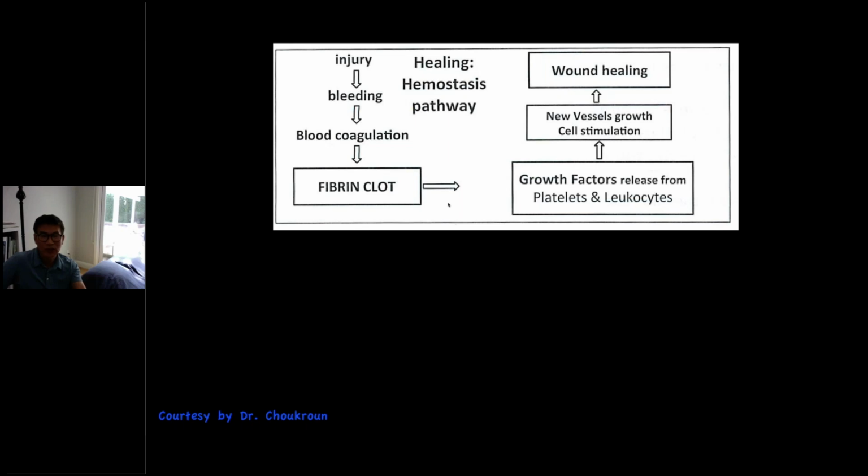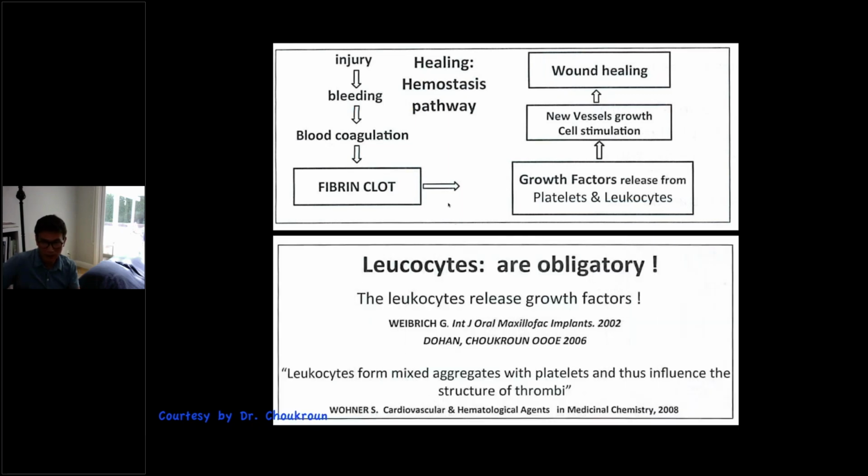So leukocytes do great work releasing growth factors. There is also some other buffy coat with CD34 positive cells, some of the stem cells, but I'm not into the stem cell talk so much.